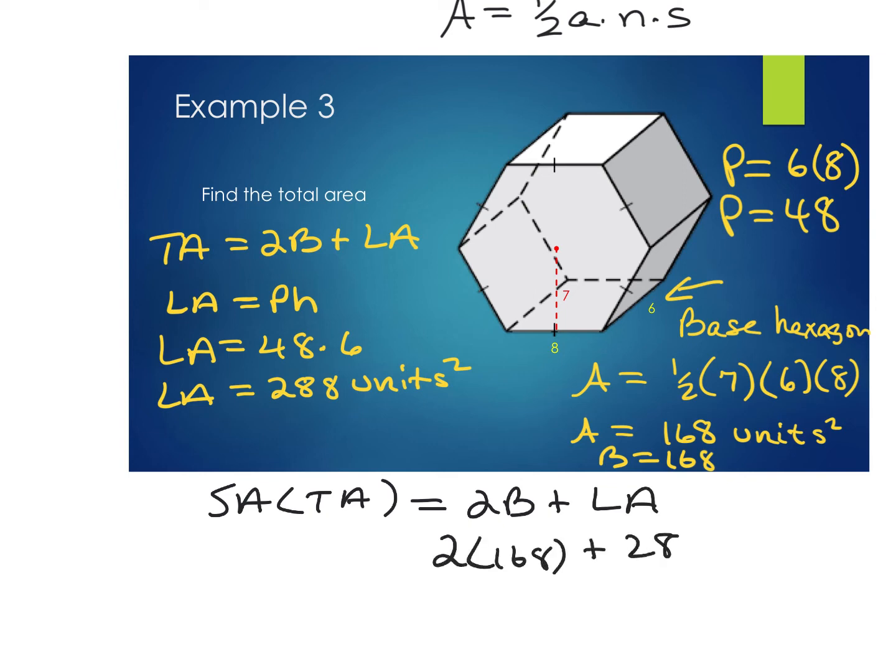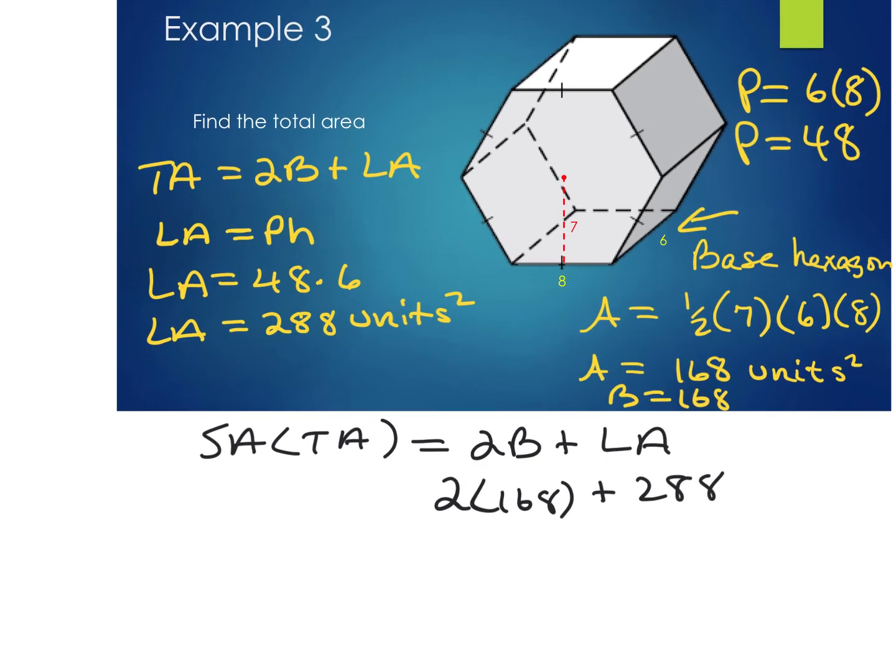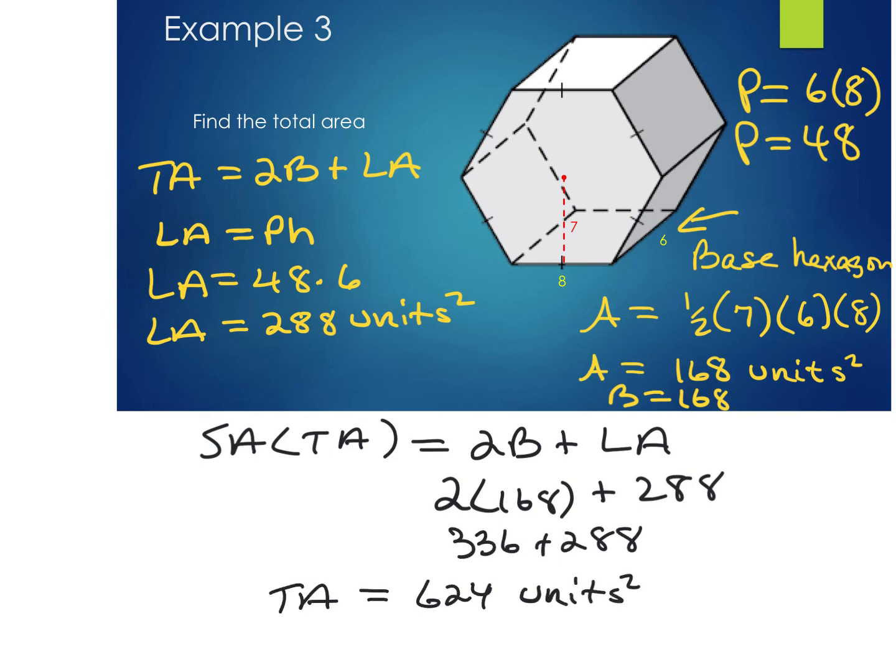My lateral is 288. 168 times 2 is 336, plus 288, giving me a total area of 624 units squared. So again, if you prefer to find the area of the 2 hexagons and then the 6 rectangles, you can do it that way as well.